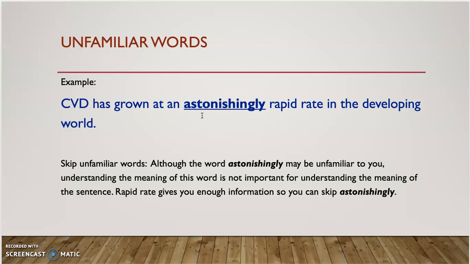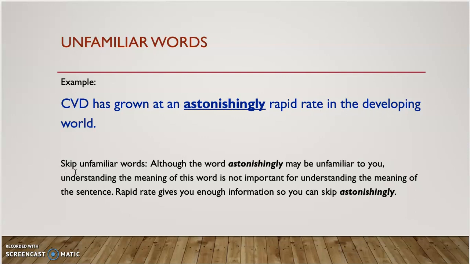So let's say that you don't know what astonishingly means, but you do understand the whole rest of the sentence. If you read the sentence without the word, it would still make sense. CVD has grown at a rapid rate in the developing world.